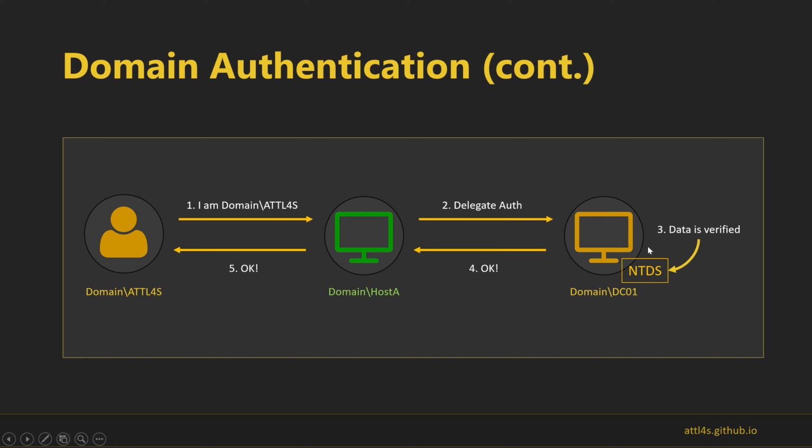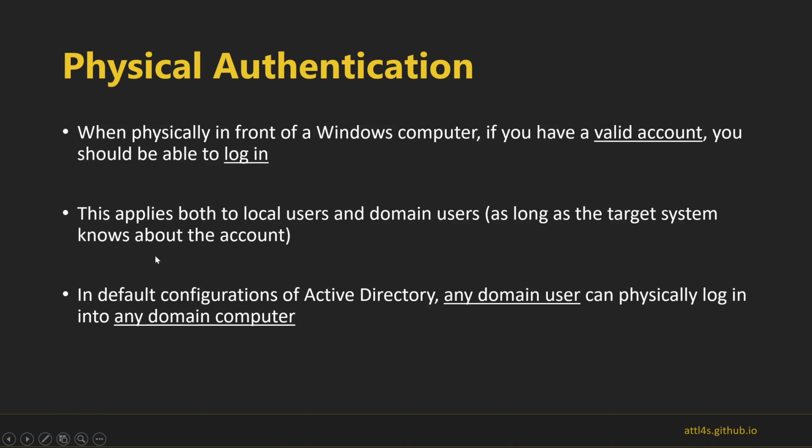The domain controller verifies the information in NTDS, and if the logon data is the expected one, then the user is authenticated. So that is for local and domain authentication.